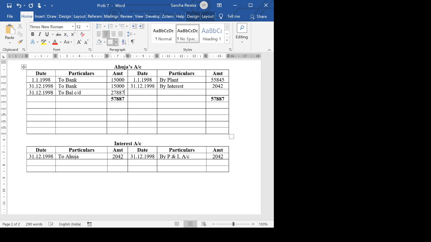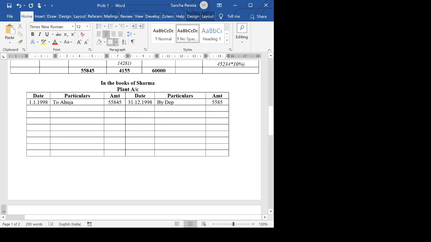Always please remember, before going ahead, bring down the balance. Otherwise, there is a possibility that you may forget. 1999, by balance brought down, you get 27,887. Close the plant account. Here you will have the same date, 31st December 1998.